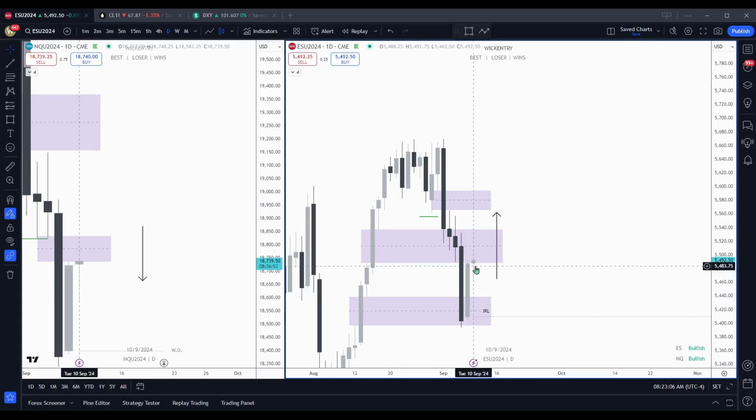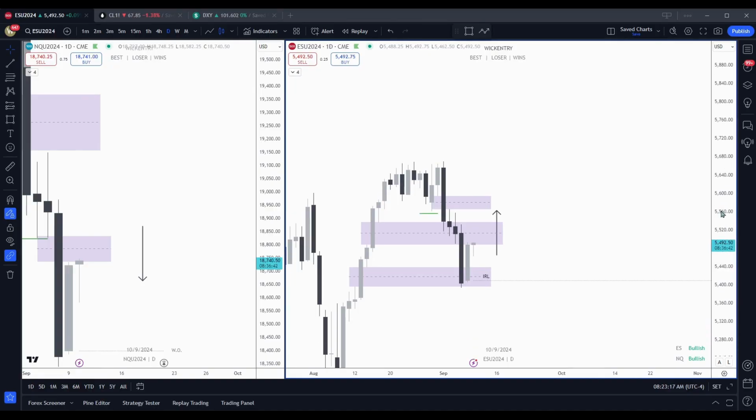We wouldn't be long-term bullish until we put in a change in the state of delivery. So I'm unclear on ES. I'm pretty clear on NQ though.